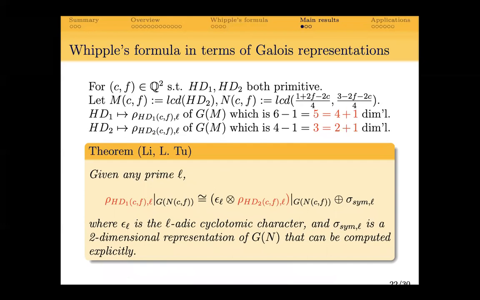All right. So it says that so far everything I'm going to do on the level of self-dual. If we have any choice of C and F, which are 2 rational numbers, such that the corresponding hypergeometric motifs on the left-hand side and right-hand side are both primitive, right?